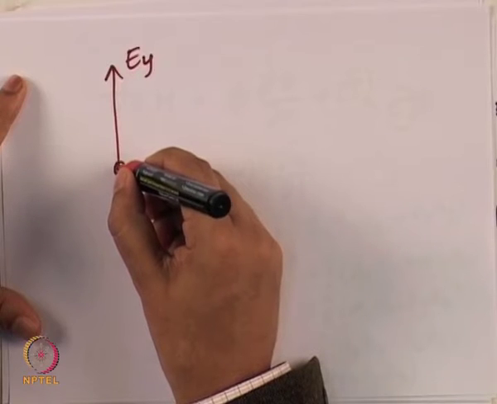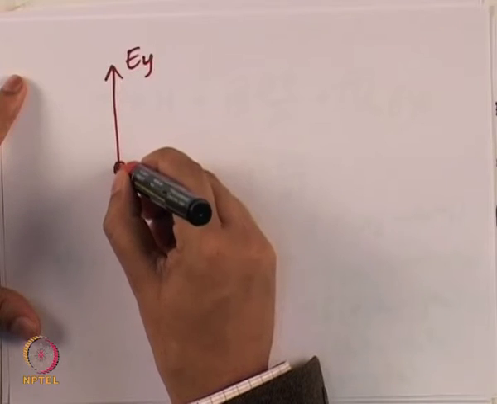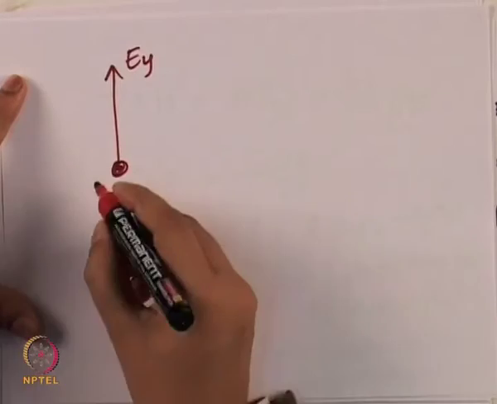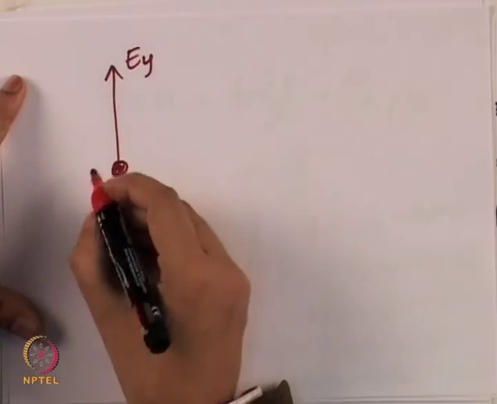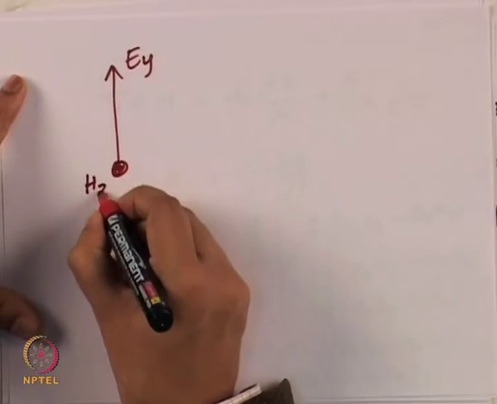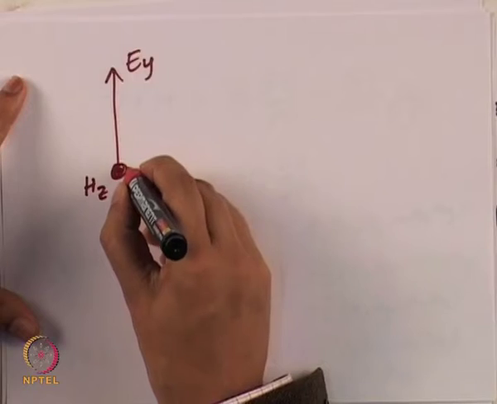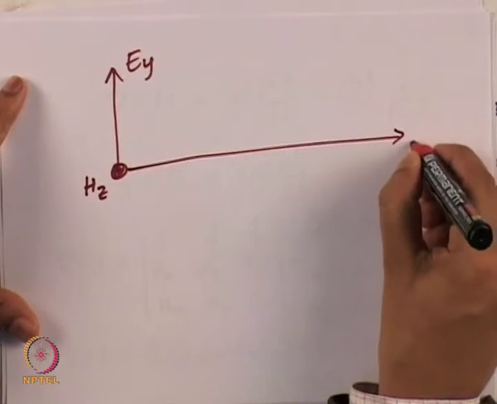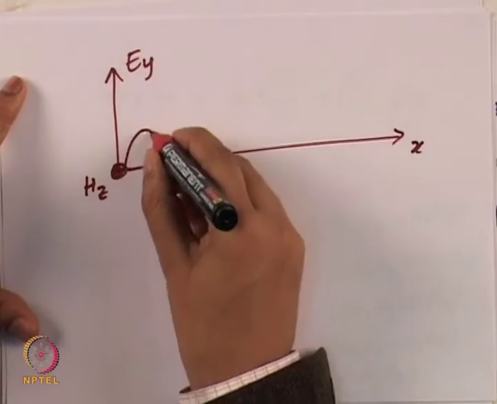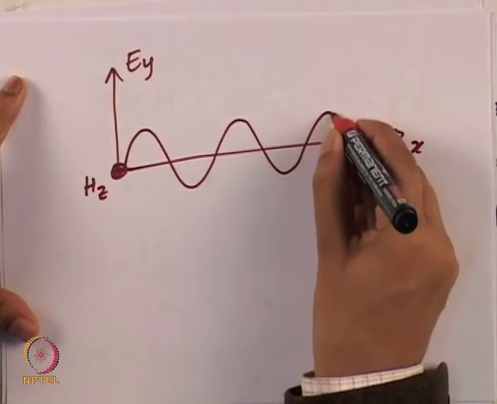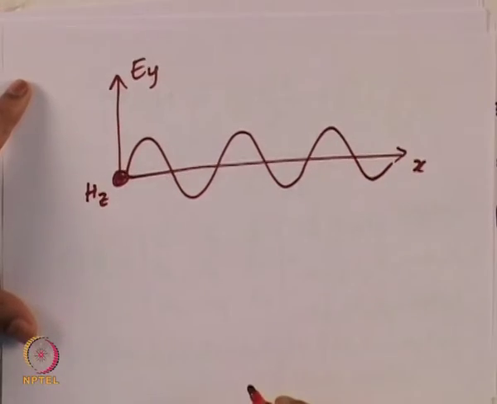Assuming that z is coming out of this particular paper, we are going to have the Hz component. That means the wave is going to propagate in the x direction. So we are going to have the wave propagation of this sort.